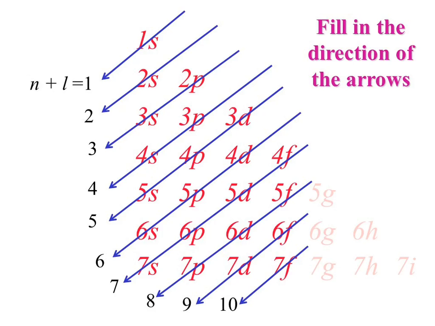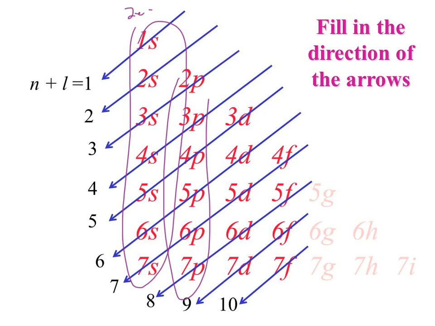And sometimes students, I don't know if this will help you or not, but I thought it's kind of clever. I've seen students, at the top of all the S's, sometimes put 2 electrons. And at the top of all the P's, how many electrons can P's accommodate? 6, yep.